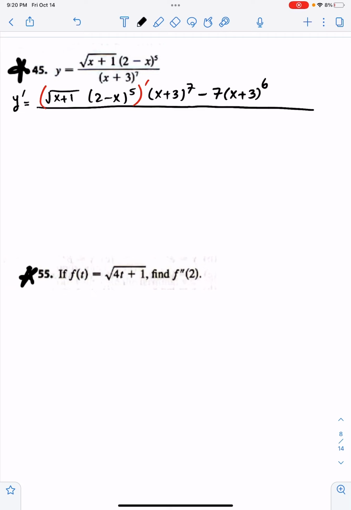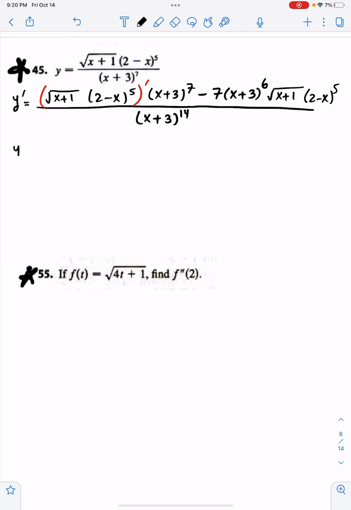Derivative of the denominator times numerator itself, divided by denominator to power 14, because you would say (x plus 3) to power 7 to power 2.